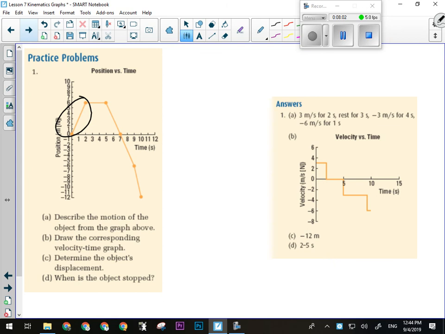What's it doing right here in the flat part? It's stopped, right? Its position is not changing. And then here and here and here, moving at a constant velocity in a southern direction. And then this would probably be the fastest part right here because it's the steepest part of the graph.